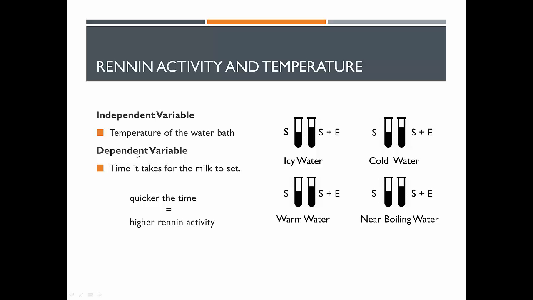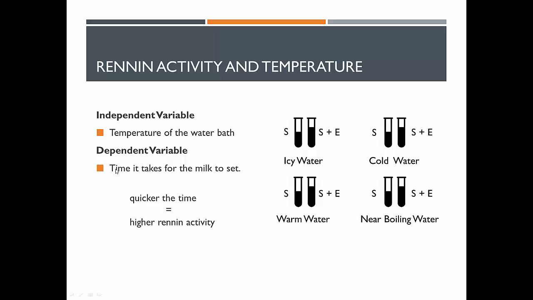Over here we have the dependent variable. The dependent variable is the factor that we are going to measure. And in order to measure something, you actually need an instrument to measure it with. So when you're thinking about these things, if you can't physically hold something in your hand to measure it, chances are it isn't the dependent variable.